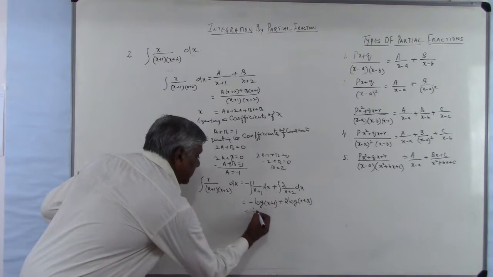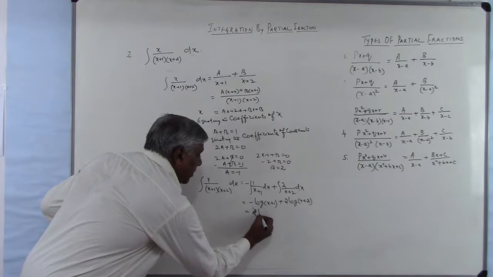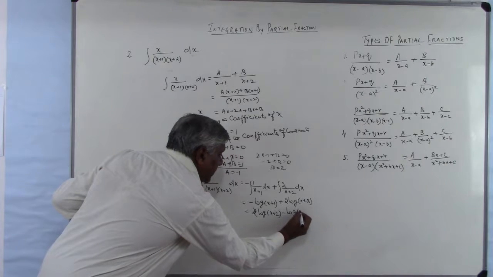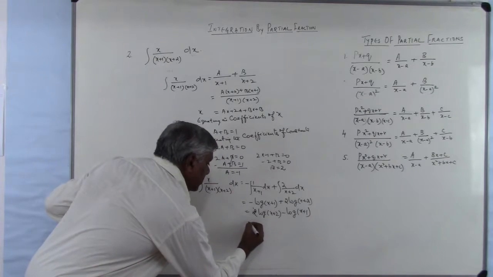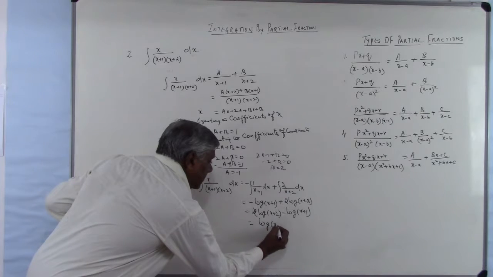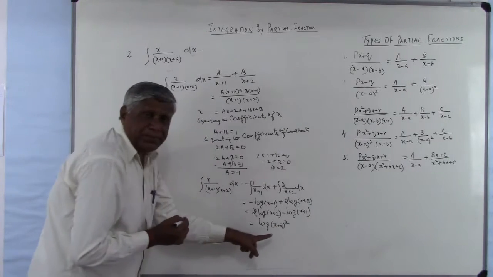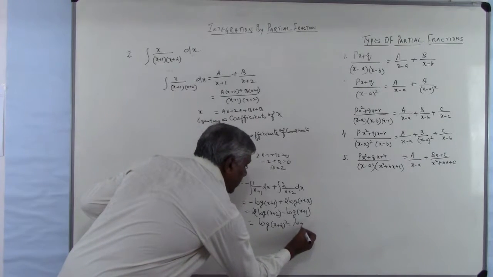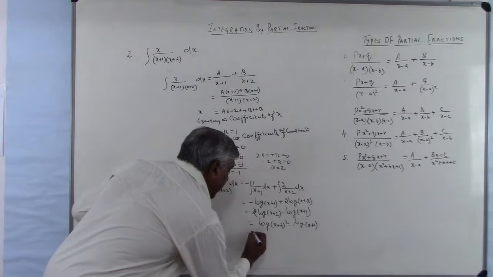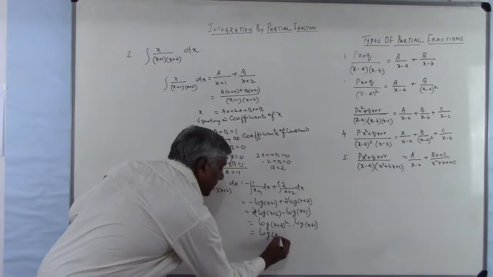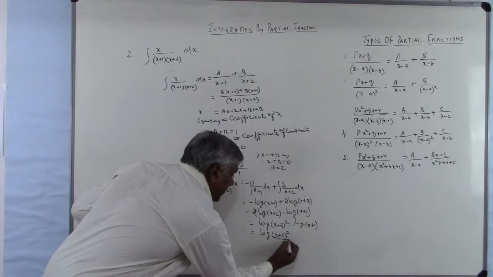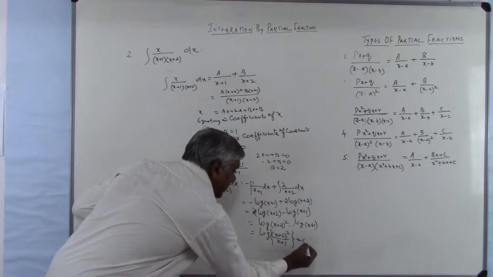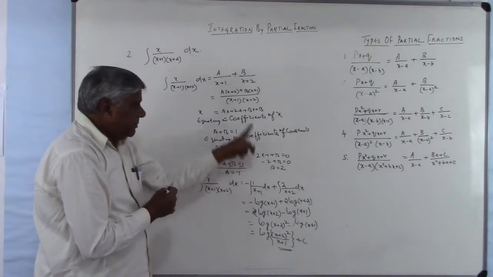Or you can write it as log of x plus 2 whole square minus log x plus 1, or we can write like this, log of x plus 2 whole square by x plus 1. This is the answer for the problem.